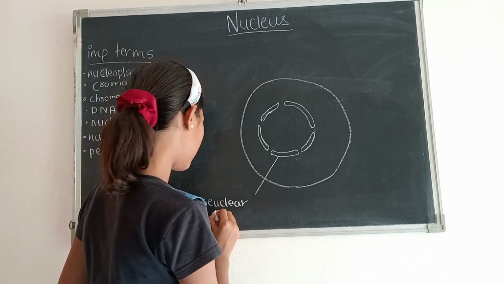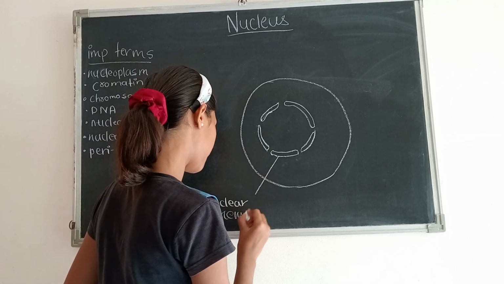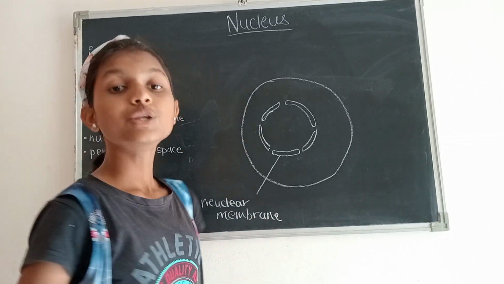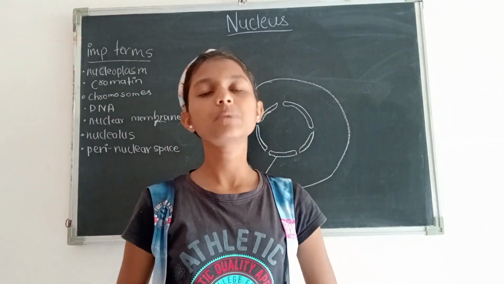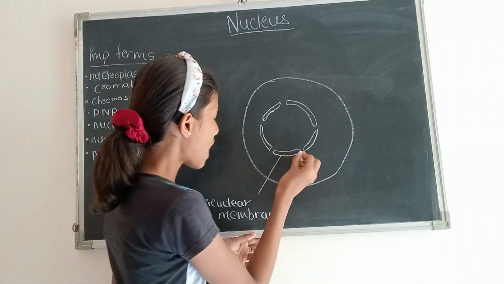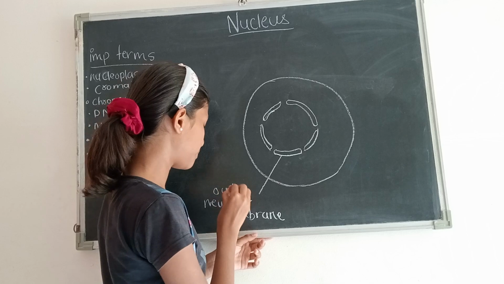You can also note down this point. Nuclear membrane consists of two important parts. First, this is the outer nuclear membrane.